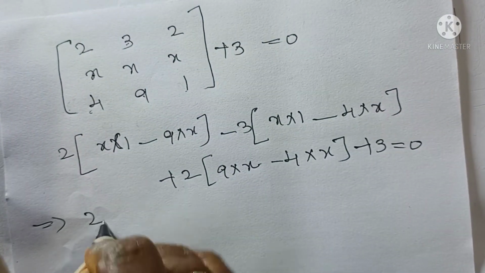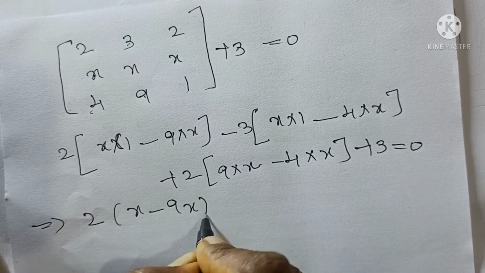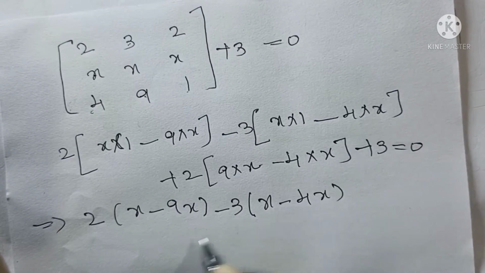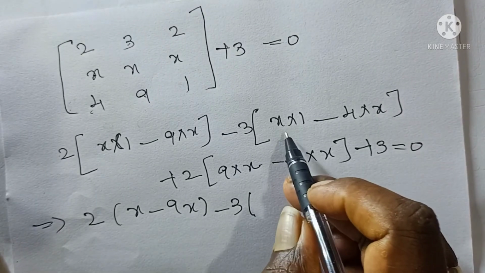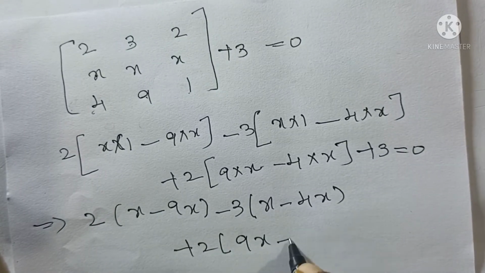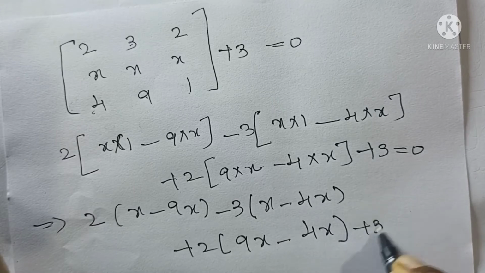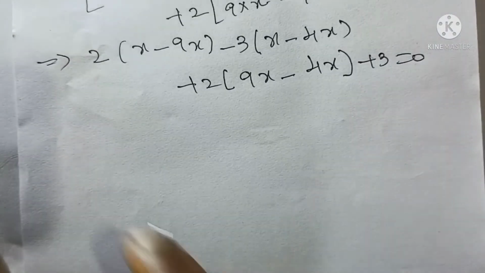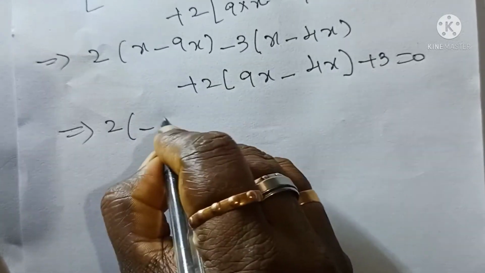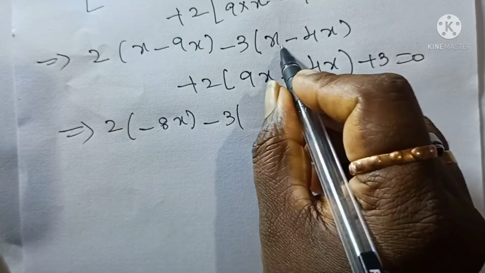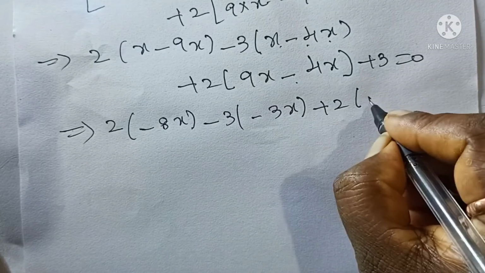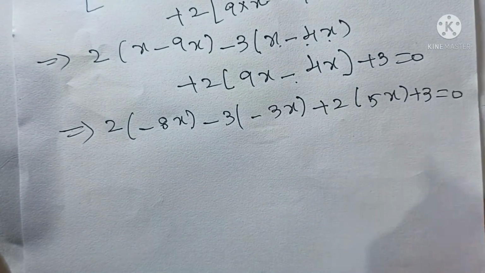So this implies 2 into x minus 9x, minus 3 into x minus 4x, plus 2 into 9x minus 4x, plus 3, which is equal to 0. So this implies 2 into x minus 9x minus 8x, minus 3 into x minus 4x minus 3x, plus 2 into 9x minus 4x, that is 5x, plus 3, which is equal to 0.